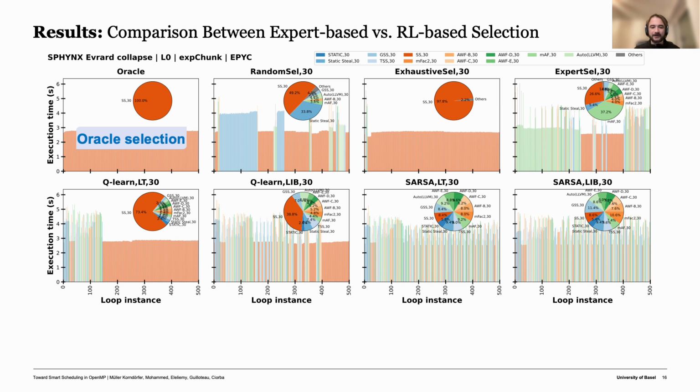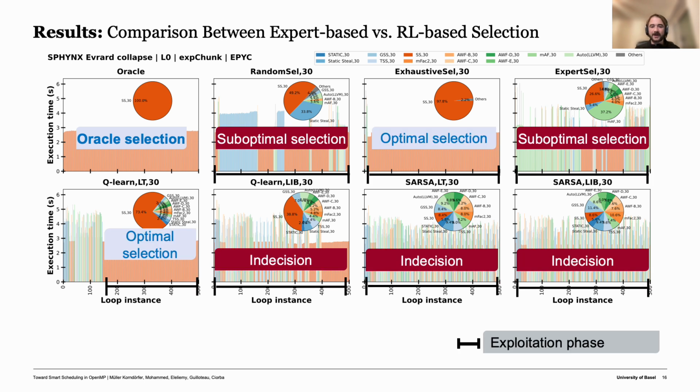So what we did is we basically plot for every time step that you see in the x-axis, so every loop instance, every time step of the application, we plot the execution time of the time step and which technique was selected by the selection methods, or in the top left corner, which technique should have been selected, which is the Oracle performance.